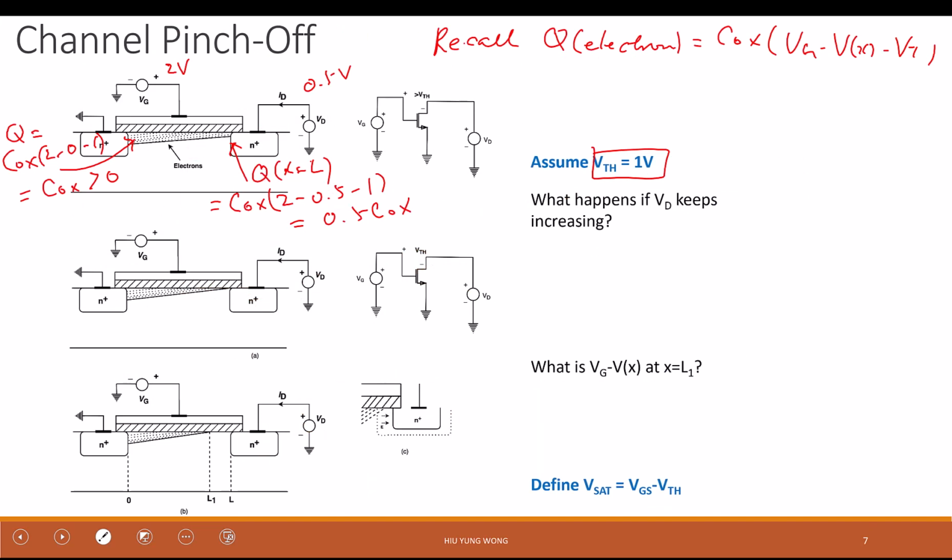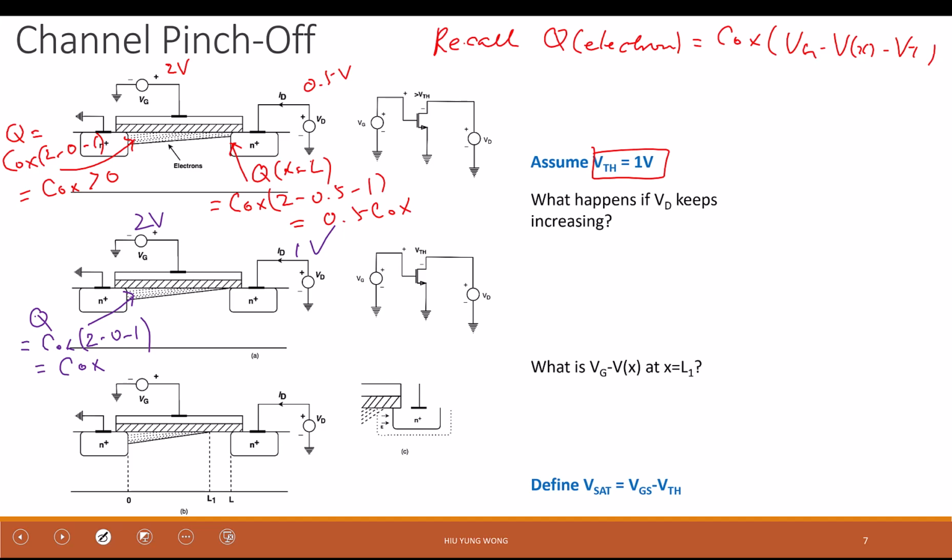So nothing special. But what if I decide to keep increasing the drain voltage? Now I increase it to 1 volt. What happened to the source? Source is still equal to C ox: Vg is 2, Vx is still 0, Vth is still 1. Nothing changed.